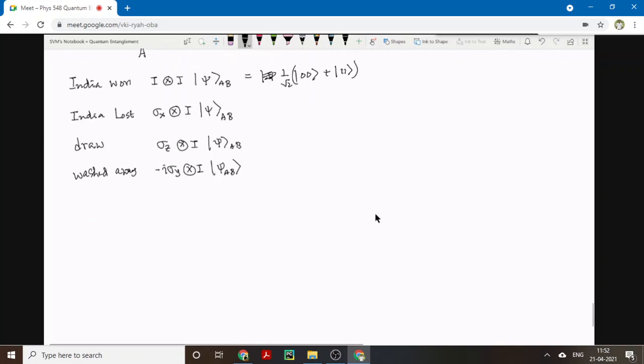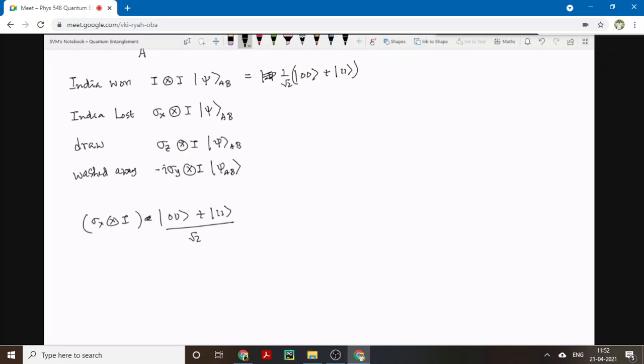Now sigma x cross I operating on (00 plus 11) by root 2: the A state will flip, 0 to 1 and 1 to 0.